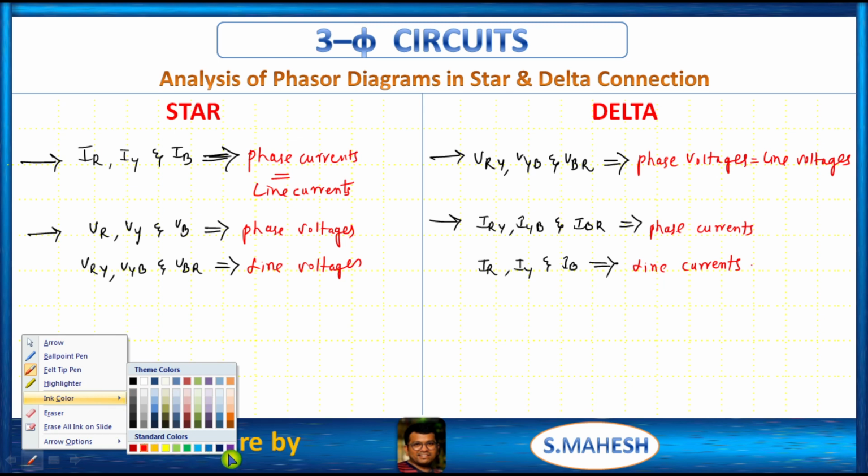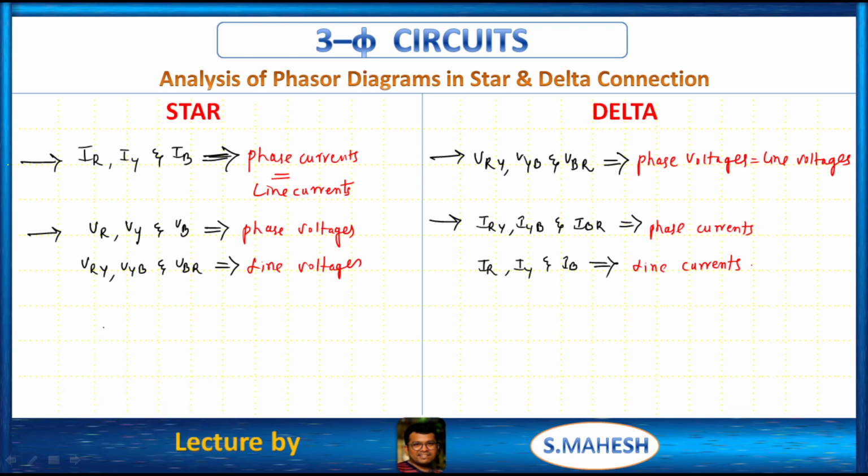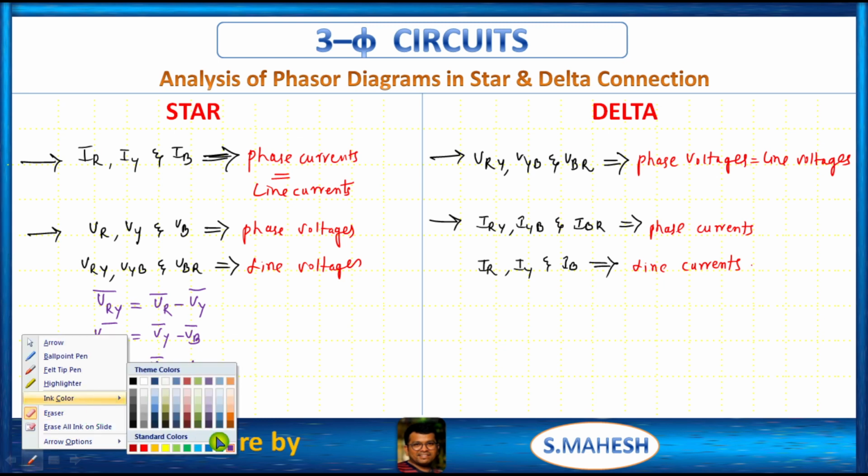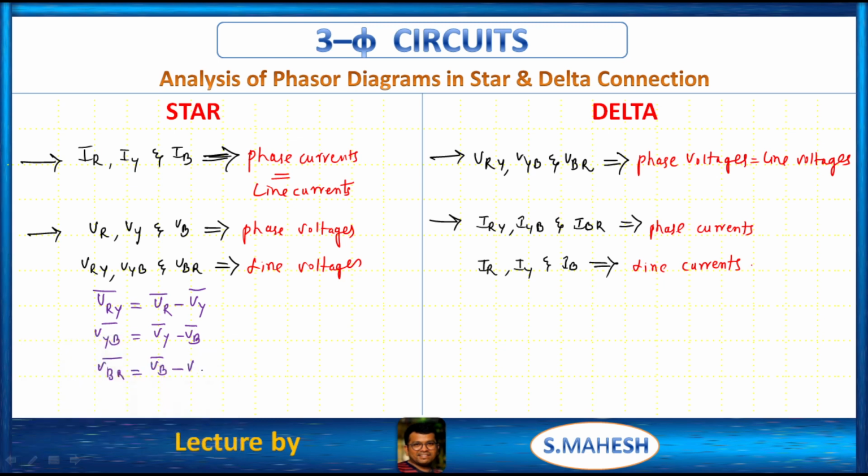So now we have to get the relation between line voltages and phase voltages. We all know that line voltage is nothing but the vector difference of two phase voltages, right? VYB should be equal to VY minus VB. Like that VBR is equal to VB minus VR.